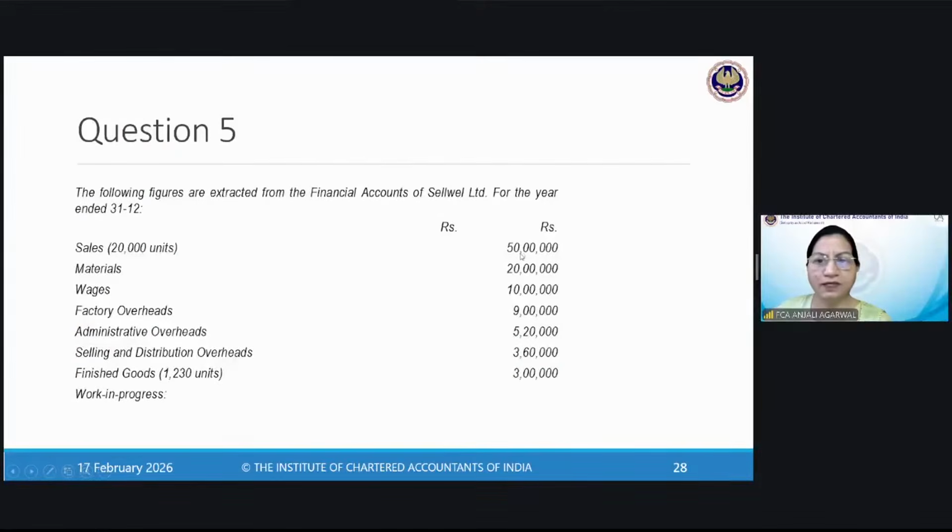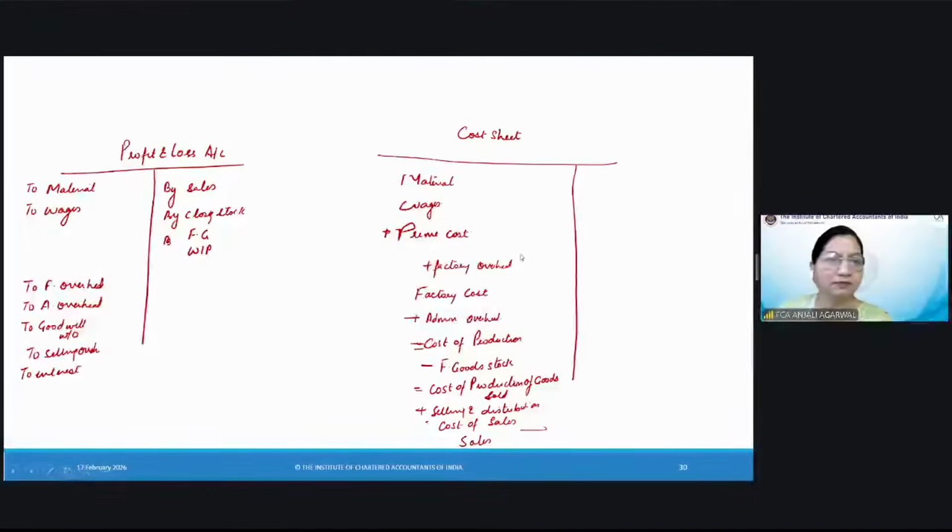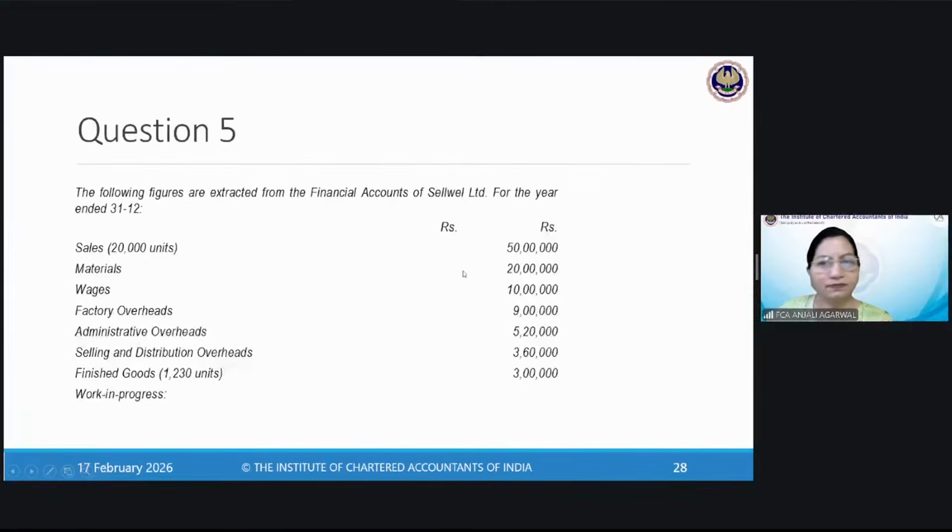So sales is 20,000 units, 50 lakhs. Materials, 20 lakhs.